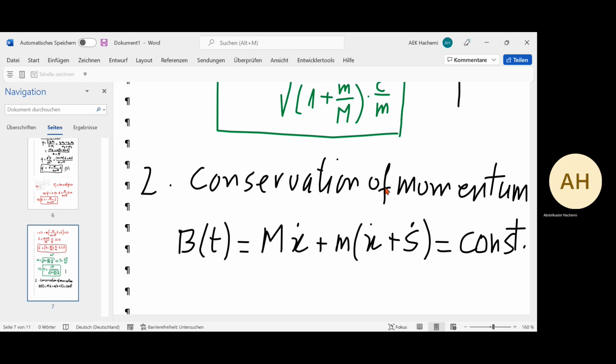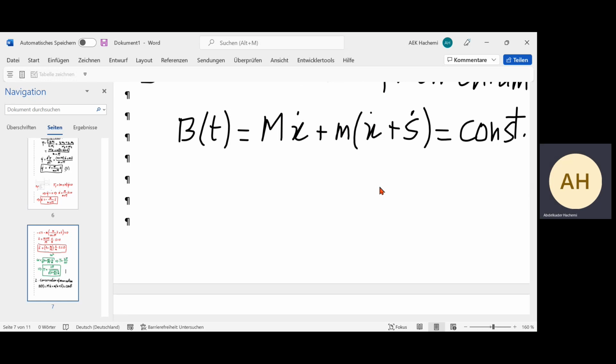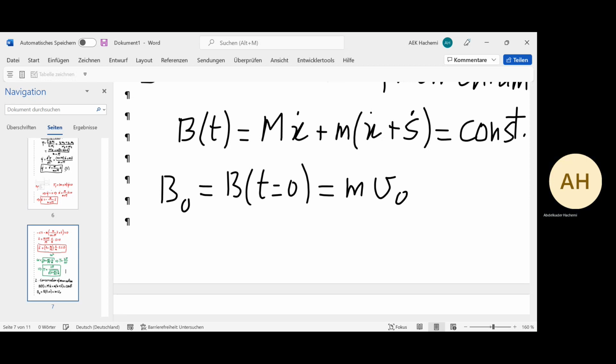We have here now B0, which corresponds to B at time t equal to 0. This will be the mass m multiplied by V0.